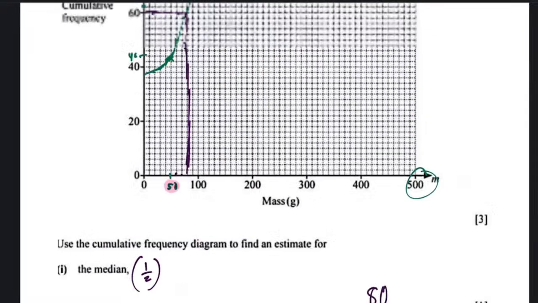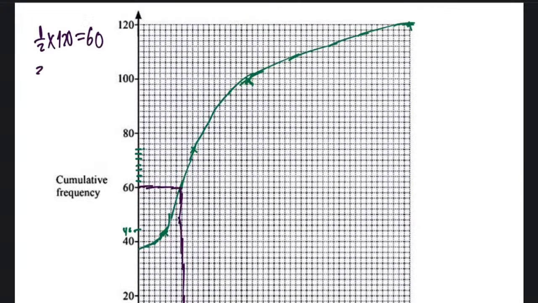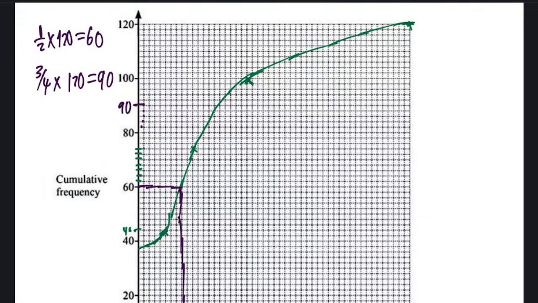Now let's find the upper quartile. We do the very same thing. We say 3/4 of the maximum things, which is of 120. We say 120 divided by 4 is 30, then times 3 is 90. So you get 90. So this is 90. We now move, that's the 3/4.